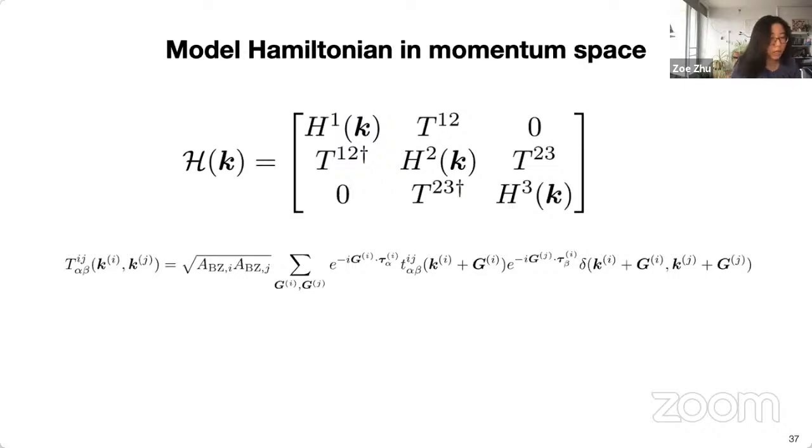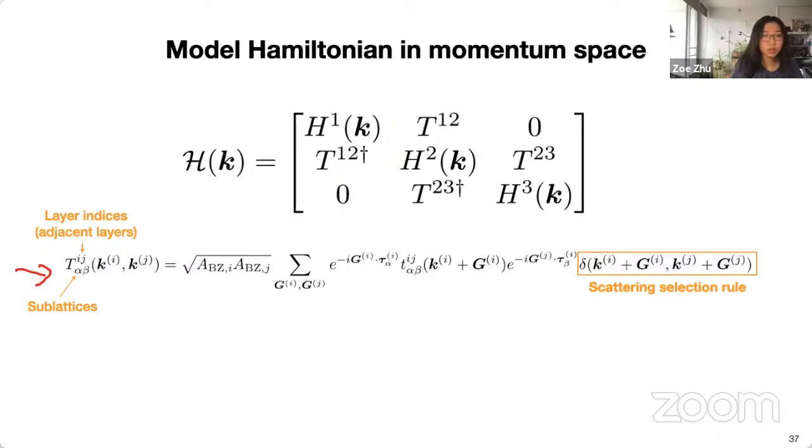For the intralayer term in our model, we use a rotated Dirac Hamiltonian. And the interlayer term is given in the following expression. The i, j describe the different layers, and alpha, beta describe the different sublattices. The most important part of this expression is the delta function, which dictates the scattering selection rule, meaning how the momenta from the different layers can couple to each other.